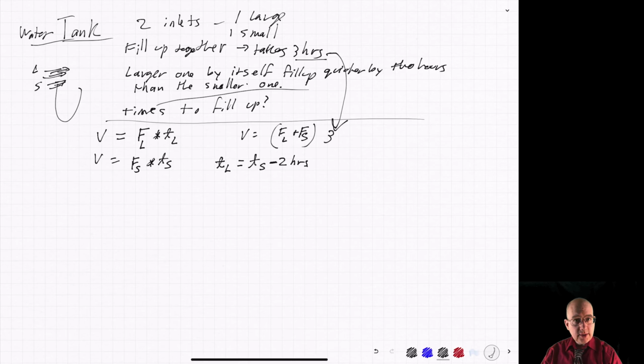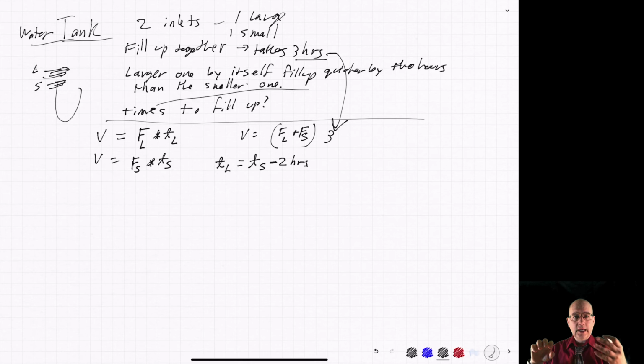Now, this is the part you really need to focus on: being able to write down this information. So where did all this come from? Well, I've got a rate of fill in the tank. What does that mean? That means volume per time. We're assuming it's a constant rate. As the water goes in, it accumulates over this time.